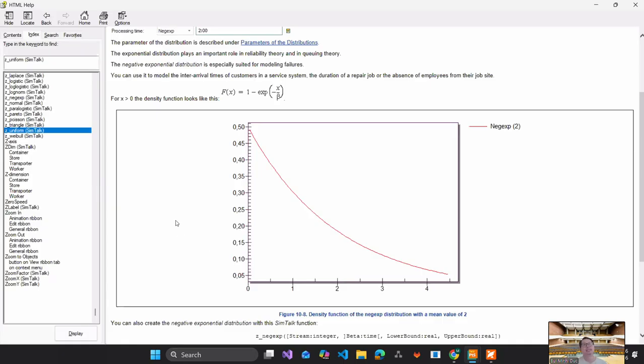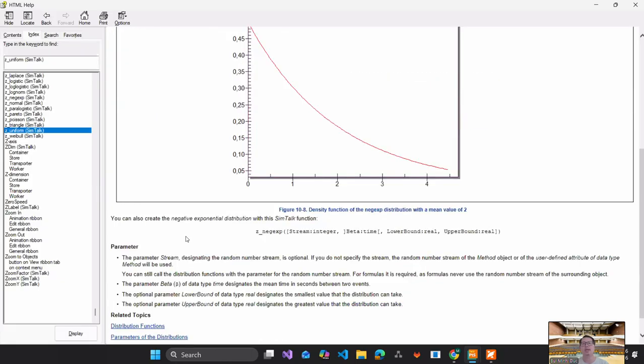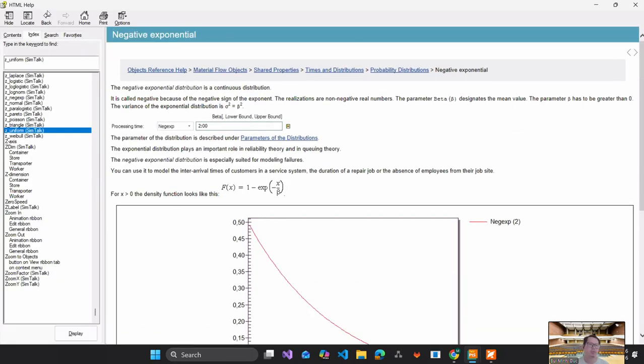So they follow the negative exponential distribution.